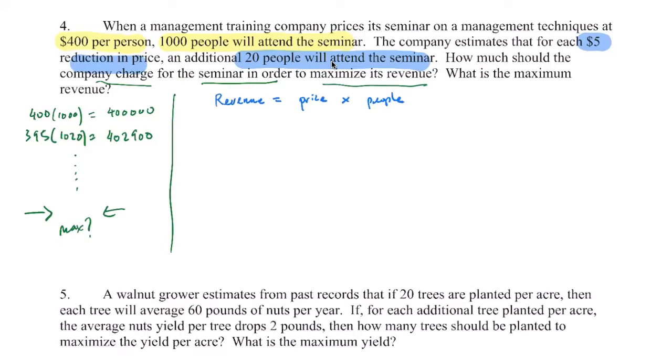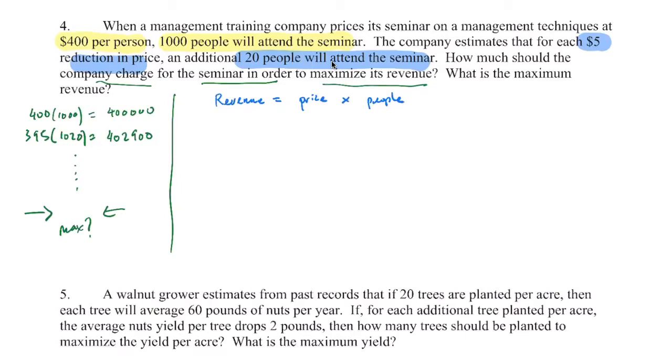We want to figure out the new price. The old price is $400, and the new price comes from each $5 reduction. The number of people attending starts at 1,000 and increases by an extra 20 people for each corresponding $5 reduction in price.